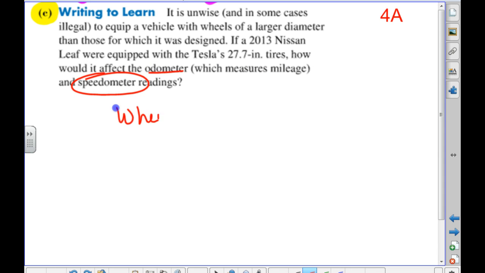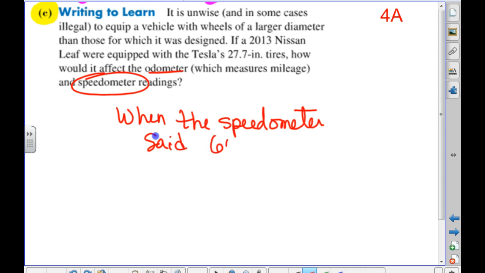When traveling, or let's say when the speedometer said, sorry, I didn't phrase that well. What was it, guys? 60 point something, I forgot. 60.7? 60.5? 60.7?